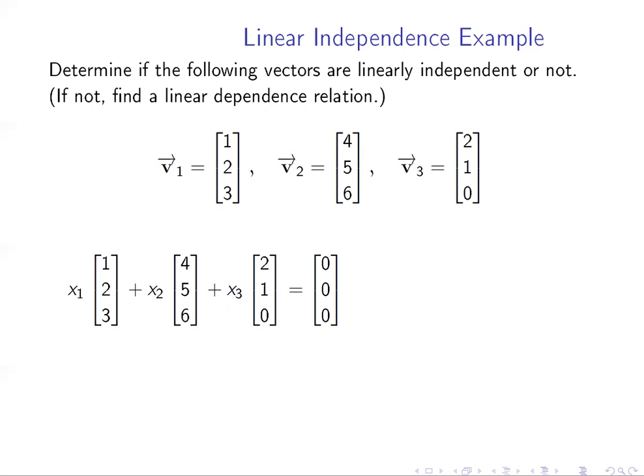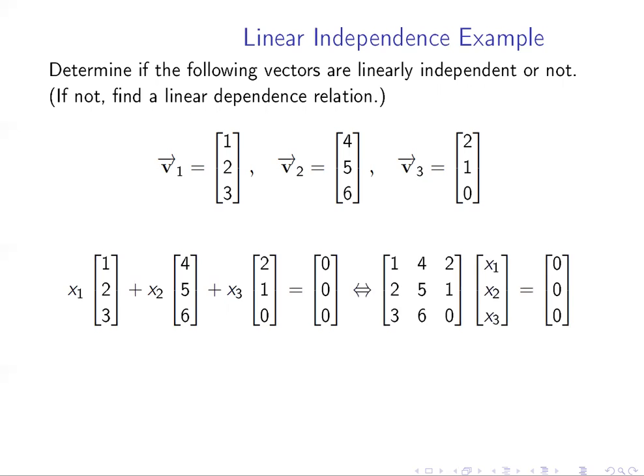Or as a matrix equation, we put all the vectors into a matrix: 1, 2, 3, 4, 5, 6, 2, 1, 0. We took all of our vectors, so notice v1 became column 1, v2 became column 2, and v3 became column 3. We did this previously, and now x1, x2, and x3.